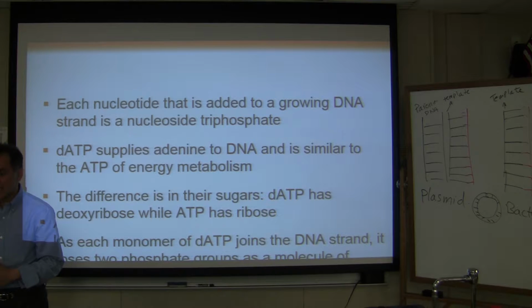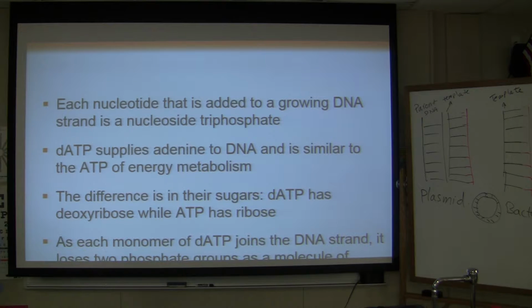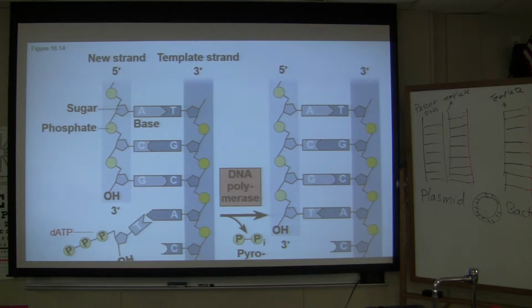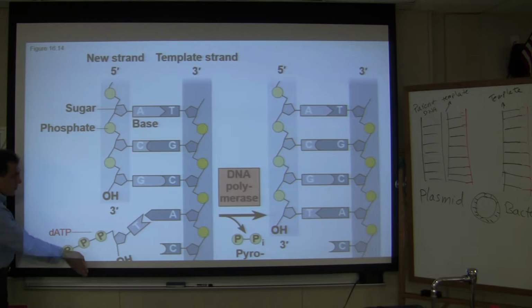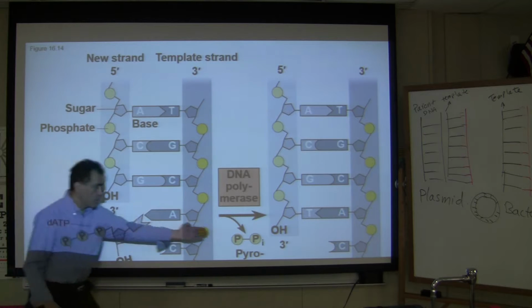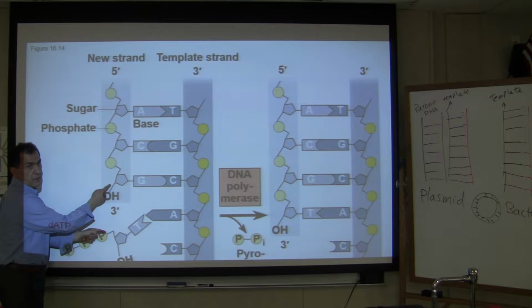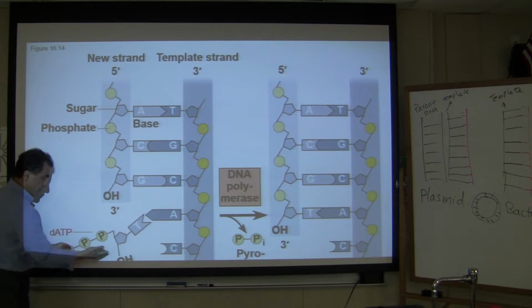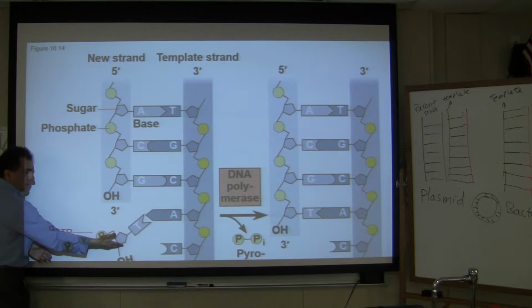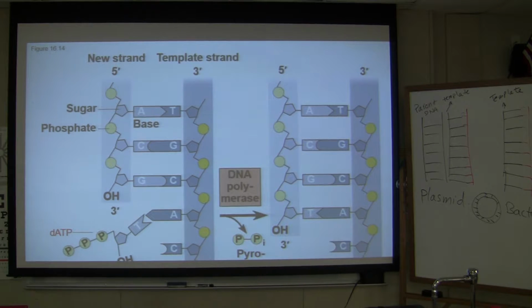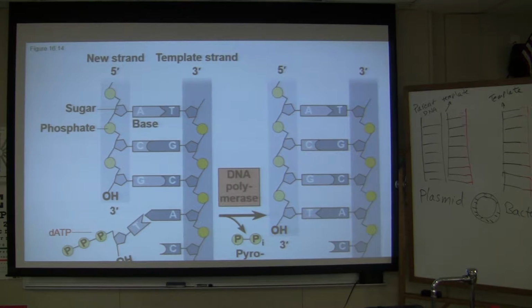As the monomer dATP joins the DNA strand, it loses 2 phosphate groups. dATP has 3 phosphates. 2 of them are going to be lost. And then what happens? This phosphate attaches to that sugar molecule, that deoxyribose. Am I making some sense? And of course, the sugar here is also deoxyribose. That's what that last diagram, last write-up, is saying.